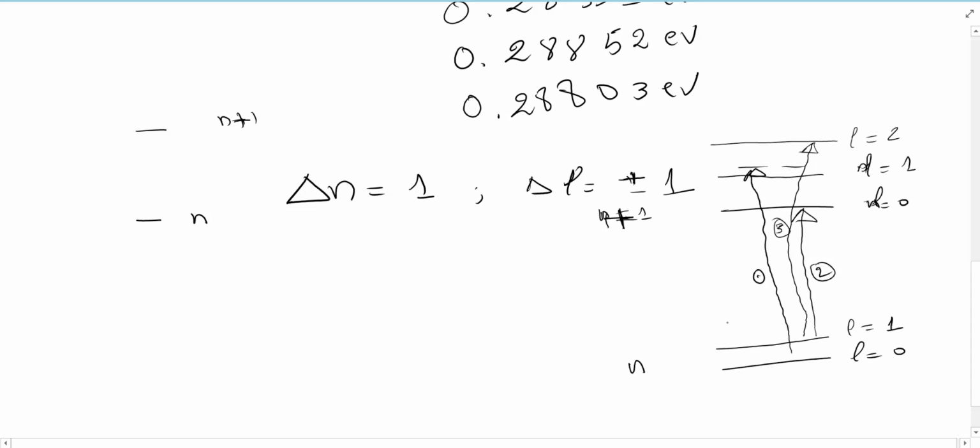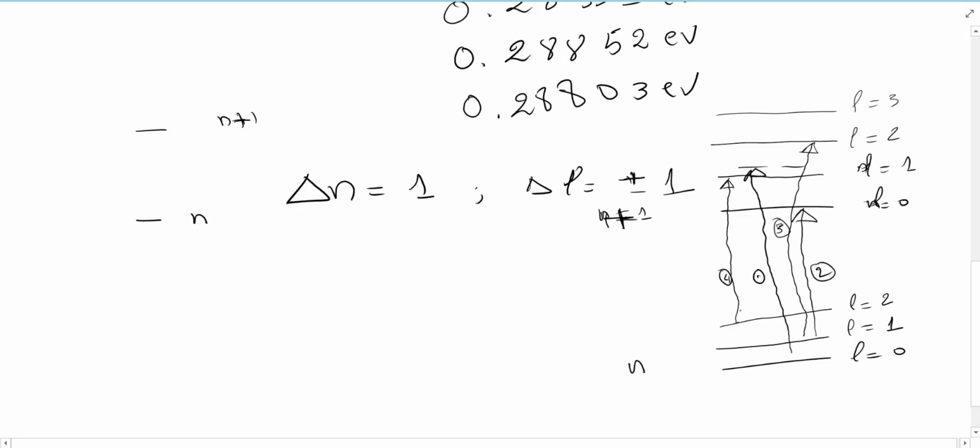We still have two more to account for, and they start from L equals 2. From L equals 2, we can only end up at either L equals 1, that is the fourth line of those listed there, or all the way to L equals 3.